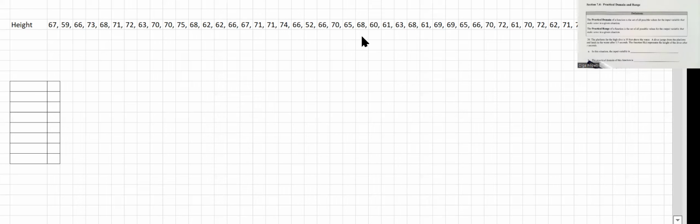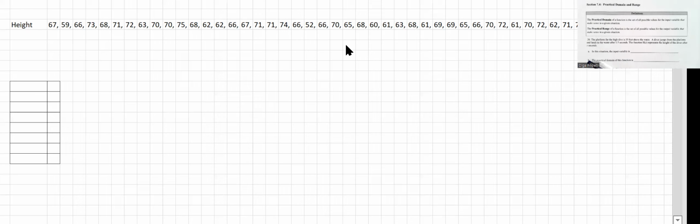Can't find it right now, but I know it's here somewhere. Anyway, if I want a graph where my input value is the height and the output value is how many times it occurs in this data set, let's say 70 happens 4 times. So my point would be 70 for the input and 4 for the output.